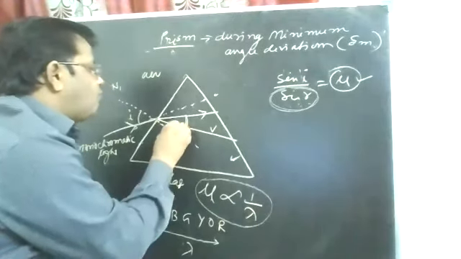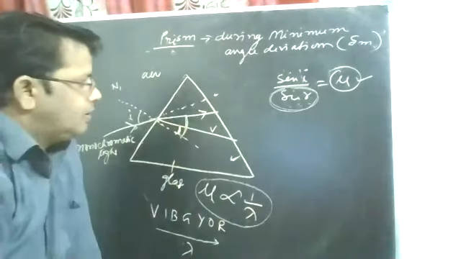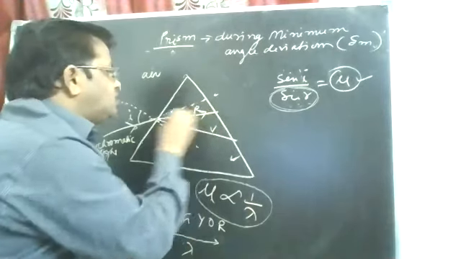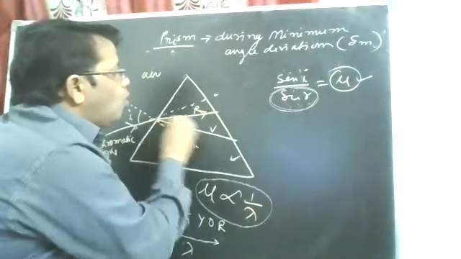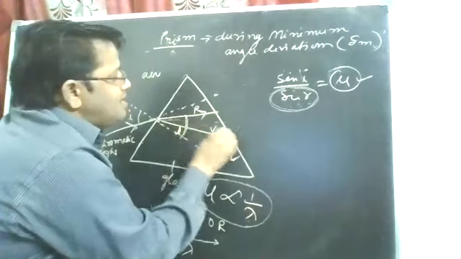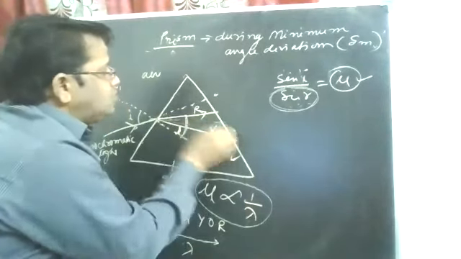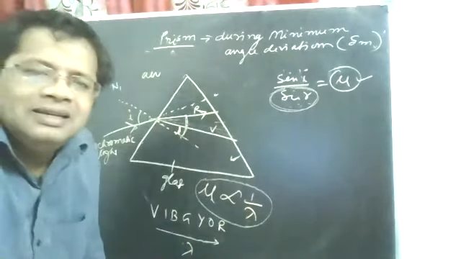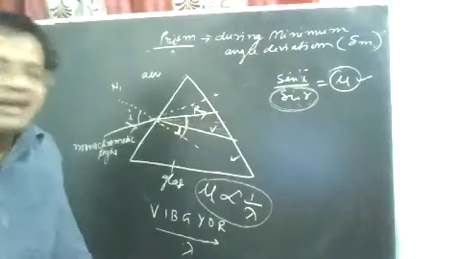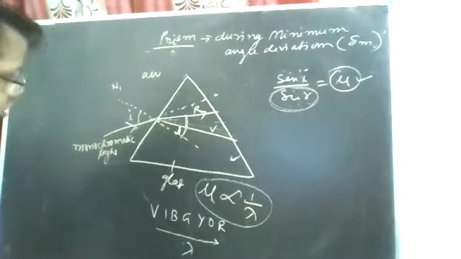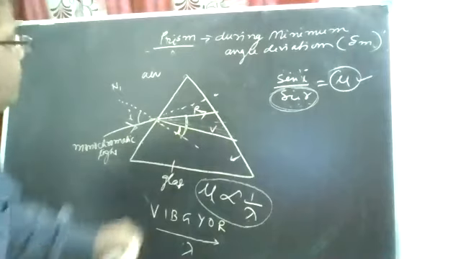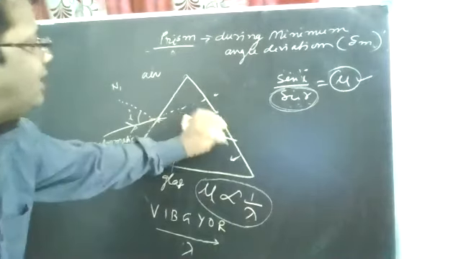That's why r for violet color is minimum. And similarly for all the 7 colors, R, O, Y, G, B, I, V. And that's why the different colors of light get separated. We will discuss this later, but here we are taking only monochromatic light.